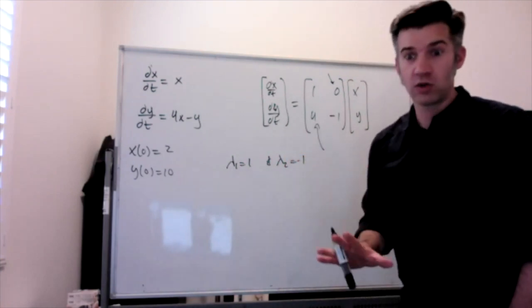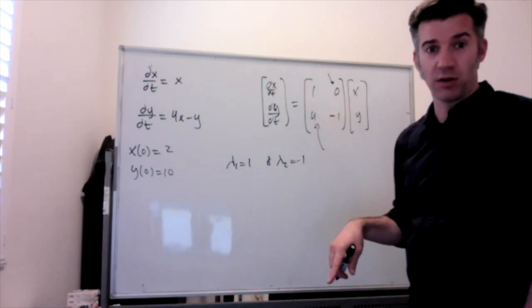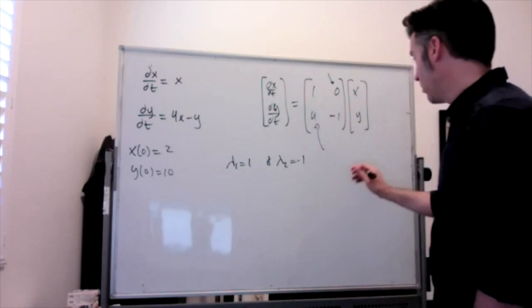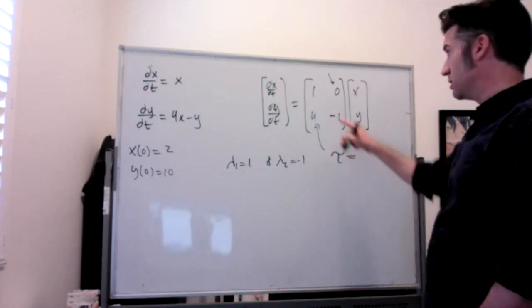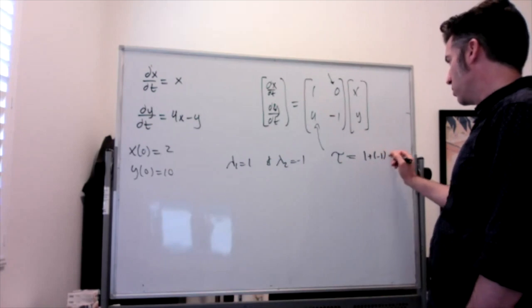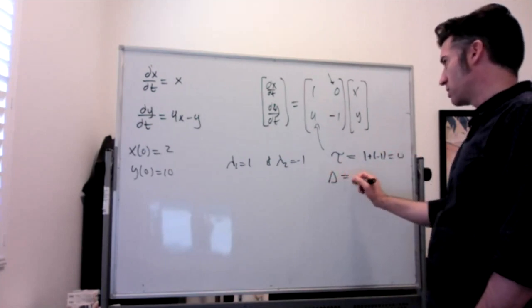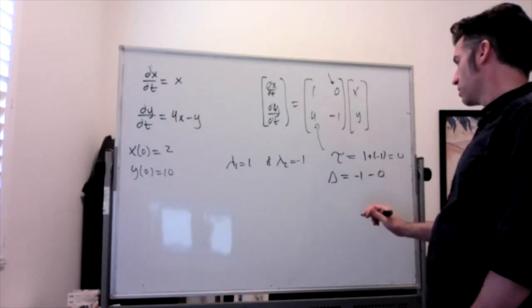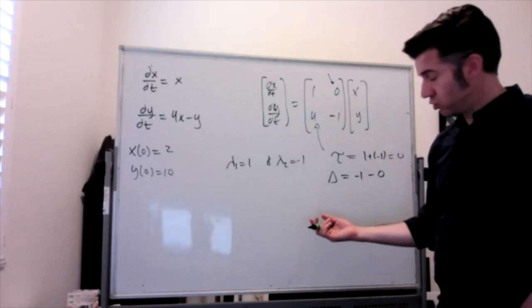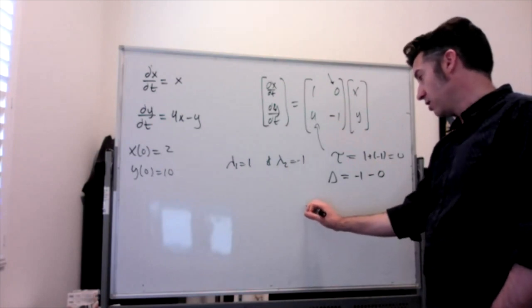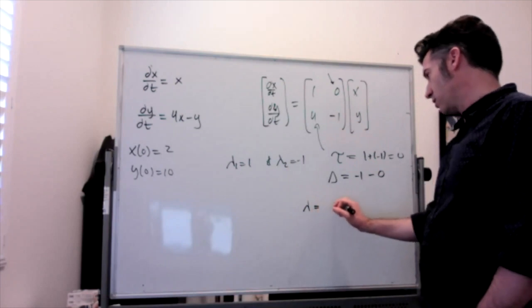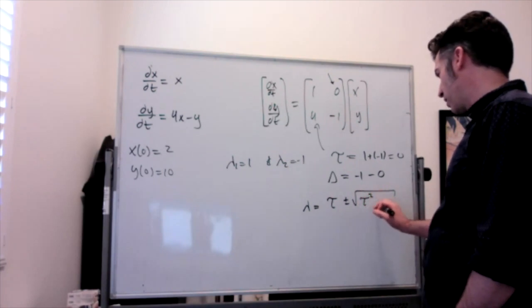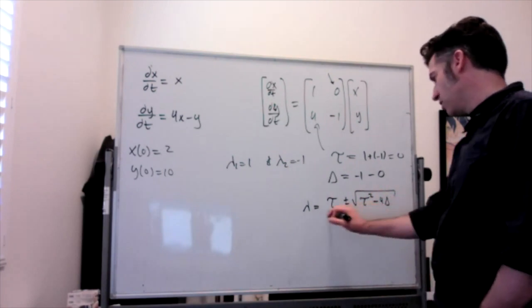That is always true. If either of the off diagonals are 0, then the diagonal elements are your eigenvalues. We could also use the method I talked about, right? The trace of this matrix is 1 plus negative 1, which is 0. And the determinant is 1 times negative 1 minus 0 times 4. Then using the quadratic formula, the eigenvalues are the trace plus or minus the square root of the trace squared minus 4 times delta, all over 2.